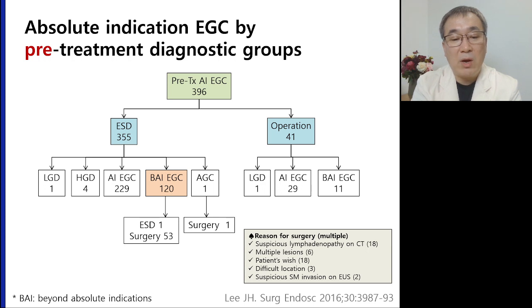Some of them require surgery. 10% of patients in the absolute indication group were initially treated by surgery, and you can see the reason in the box at the right-hand side corner. Suspicious lymphadenopathy is the most common reason for surgery.